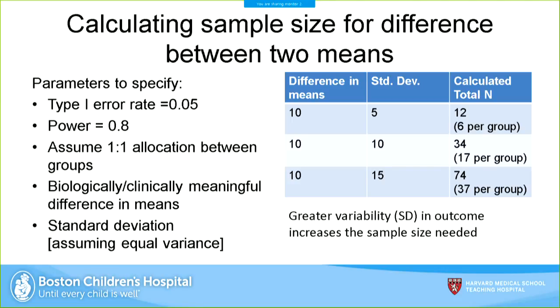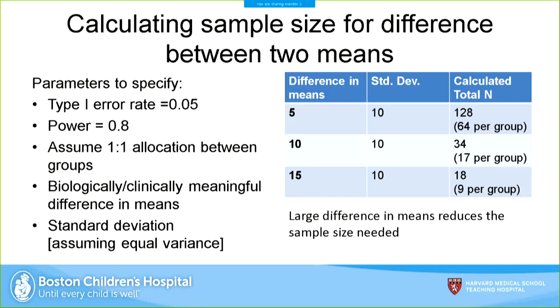Suppose that the difference in the mean score is 10 units, and we have different standard deviations: 5, 10, and 15. You can see that the total sample size increases. For a small standard deviation, it requires only 12 individuals. But if you have a more variable measure, you're going to need more subjects to detect the same difference in the means.